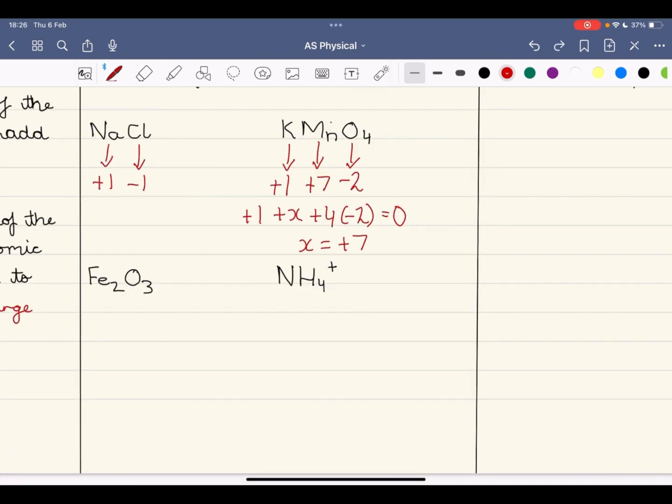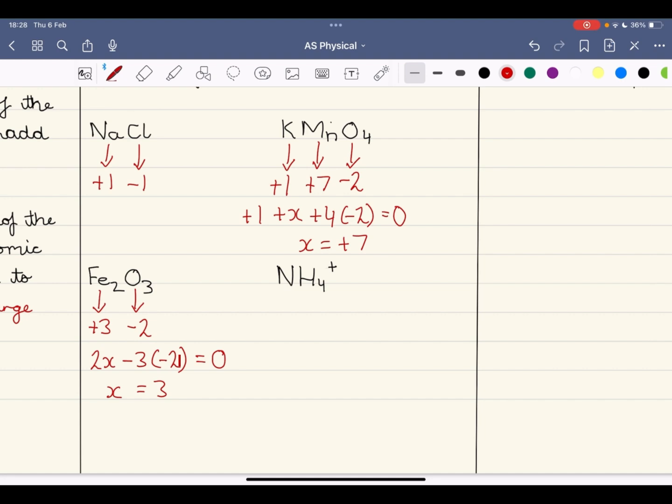And then for iron oxide, well, oxygen is going to be -2, and then iron, well, there's 2 ions, so we can label that 2x, and we have 3 lots of oxygen, and all of those are going to be -2 each, and altogether all of these oxidation states add up to 0, and then we can solve for x and we get, so iron is going to be +3.